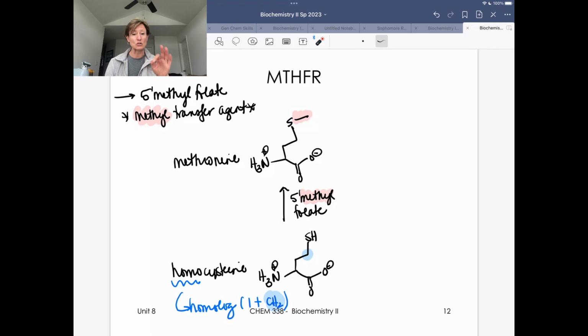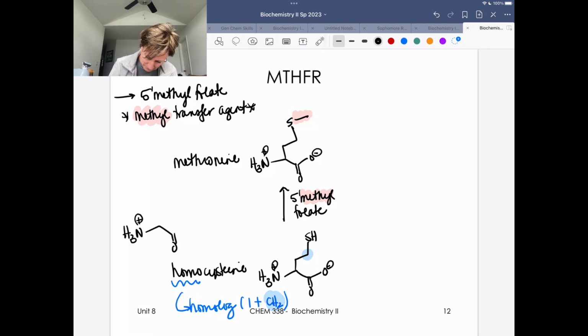It's just a single methylene group. So that's why it's called homocysteine. It basically looks the same, so it's a homolog of it. Again, just drawing here, here is the structure of cysteine. Here's another amino acid. Here is cysteine. So it's a homolog of it, having that additional methylene group.